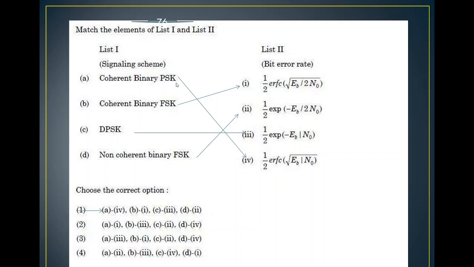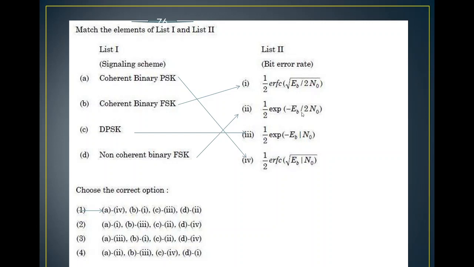That means coherent binary PSK connects to 1 upon 2 erfc of root Eb upon N0, coherent binary FSK connects to 1 upon 2 erfc of root Eb upon 2N0, DPSK connects to 1 upon 2 exponential minus Eb upon N0, and non-coherent binary FSK connects to 1 upon 2 exponential minus Eb upon 2N0.